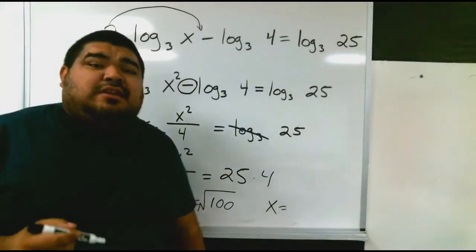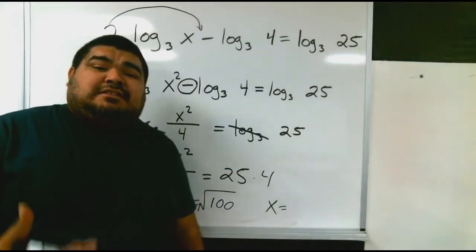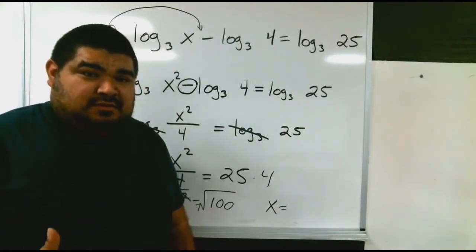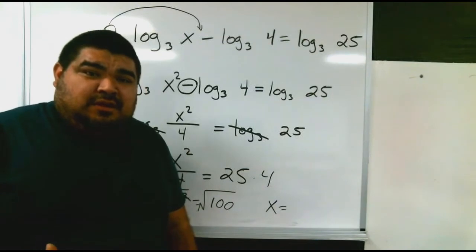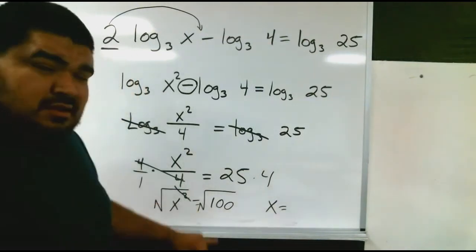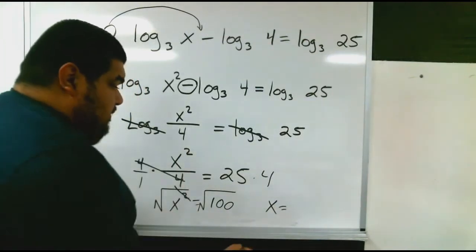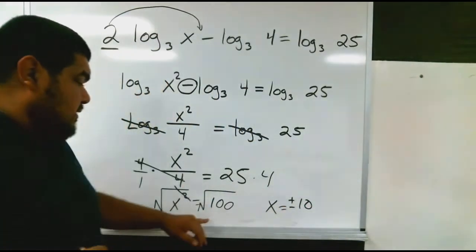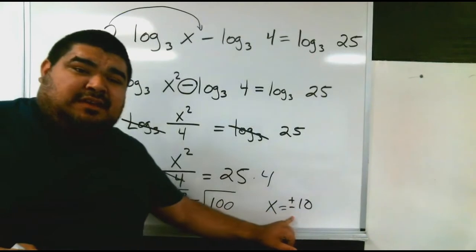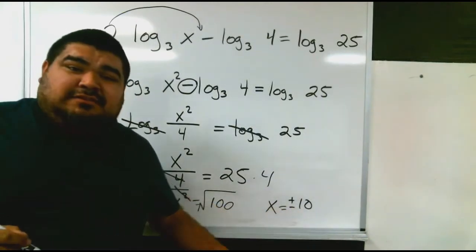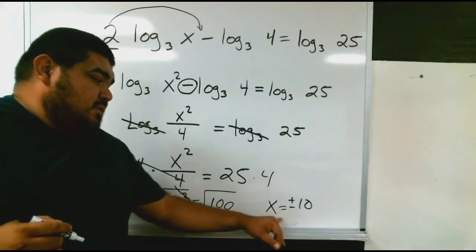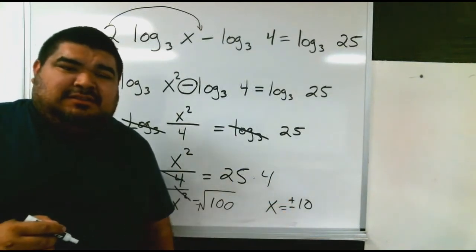Some of you might say the answer is 10. That's right, but that's not the whole answer. With radicals, if they're perfect squares, it can be positive and negative 10, because negative 10 times negative 10 is positive 100, and positive 10 times positive 10 is also 100. So the answer equals positive or negative 10.